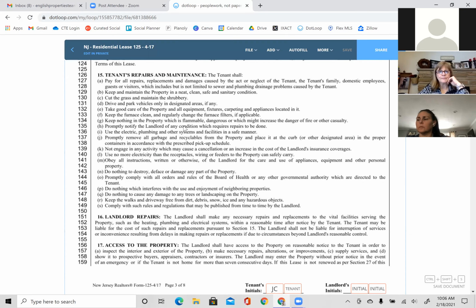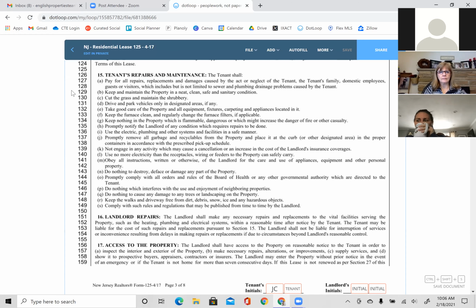So it's explaining essentially what the tenant is responsible for when it comes to repairs. Section A here talks about how they're responsible for paying for repairs that they cause, any damage that may have been from neglect from them, from their family, guest visitors, anything like that that they could have controlled.